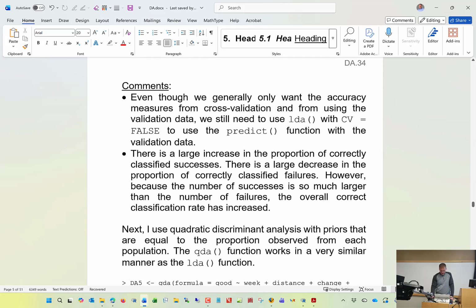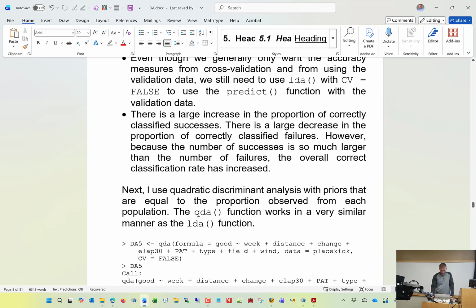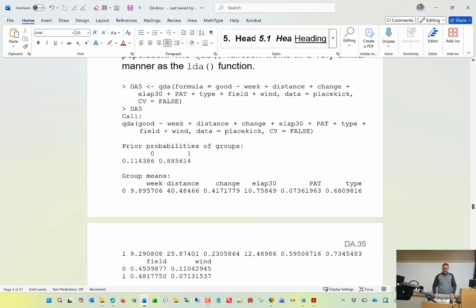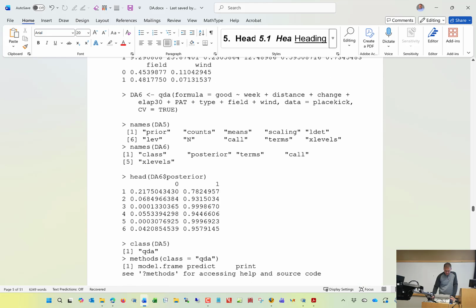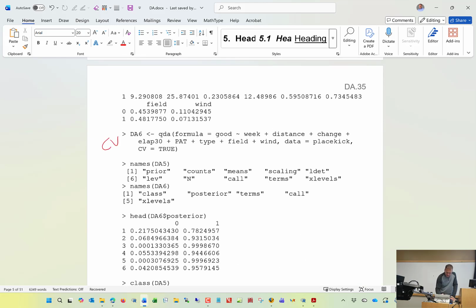Let's see, to make sure I talked about everything. Yes. Let's now do quadratic discriminant analysis. This is the first time that we've seen the QDA function in practice. The syntax is essentially the same as what we just did with LDA. I just put QDA instead. So this is for resubstitution. And here's for cross-validation.